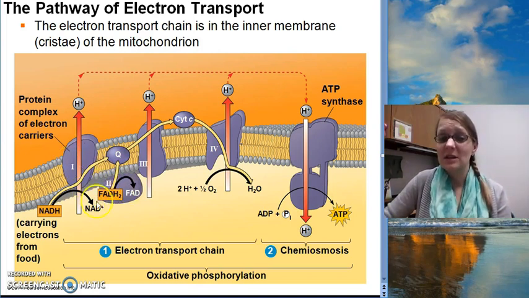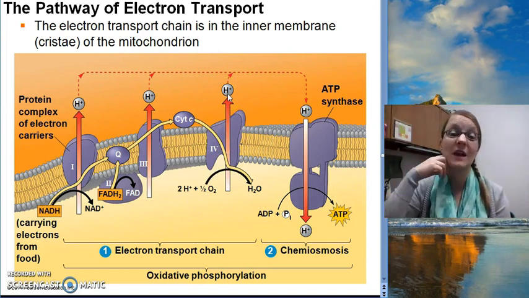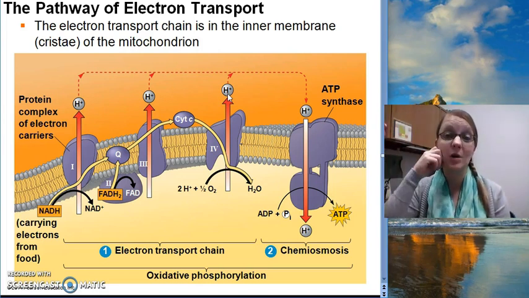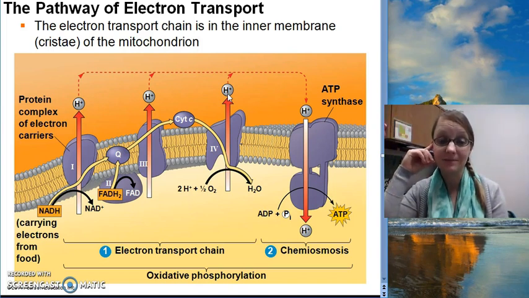The electrons that get dropped off by FADH2 here at protein complex 2 go from 2 to Q to 3, so they pump protons here with 3, and then here again with 4, but they skip pumping any protons with protein complex 1, so they don't transmit as much of that energy across to that proton motive force, or that high hydrogen ion concentration.